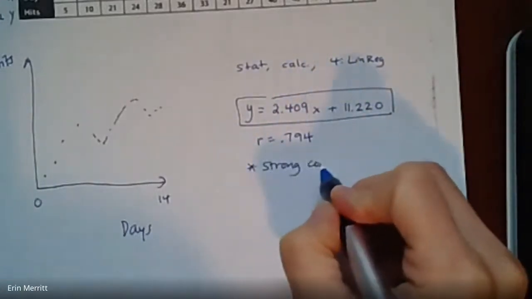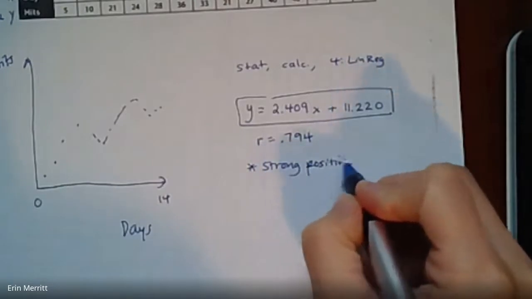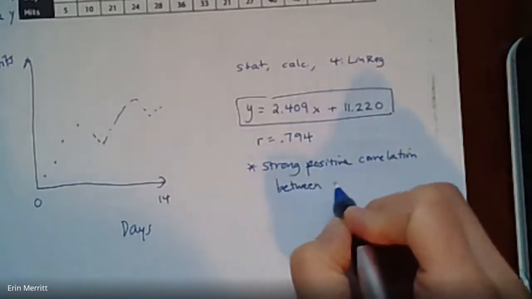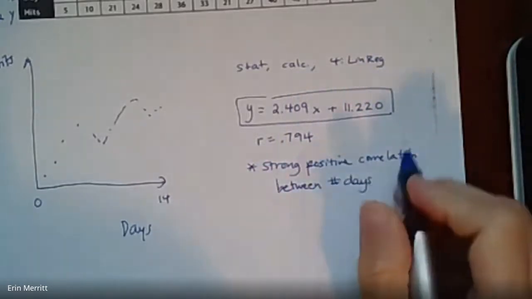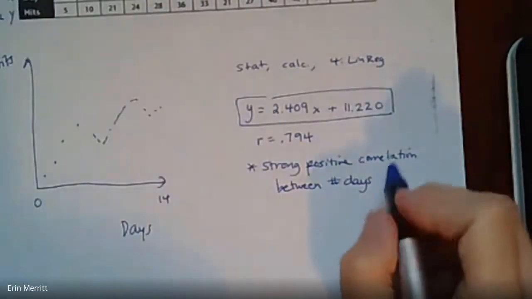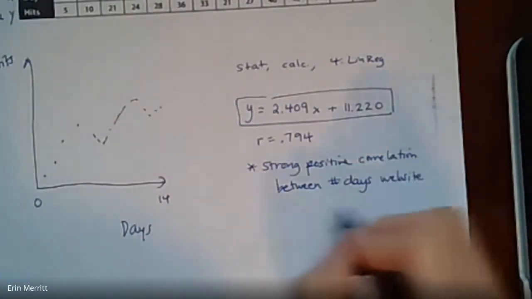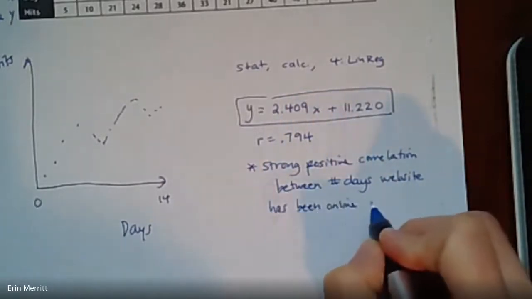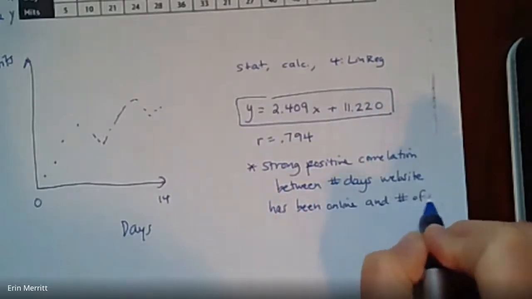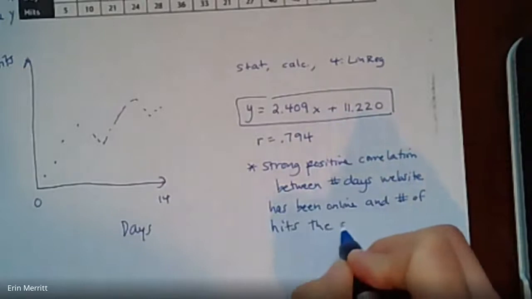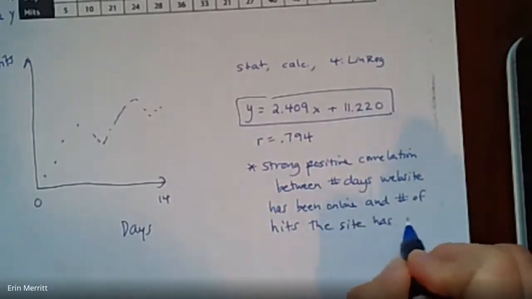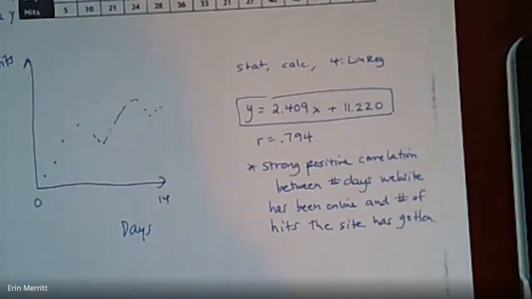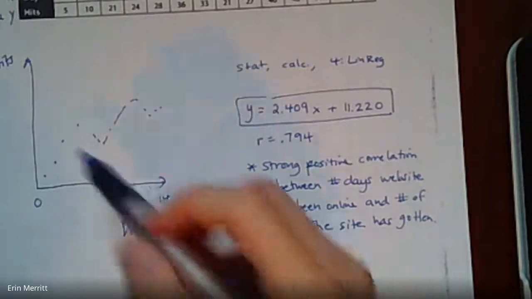So what we're saying here is there's a strong positive correlation between the number of days that the website has been online and the number of hits the site has received. So that's the strong correlation between how long it's been open and how many people have gone and visited.